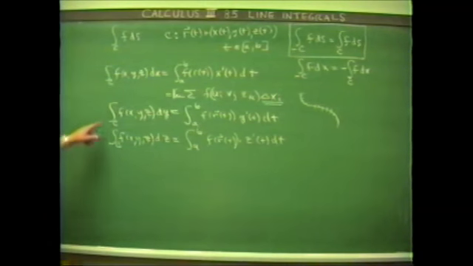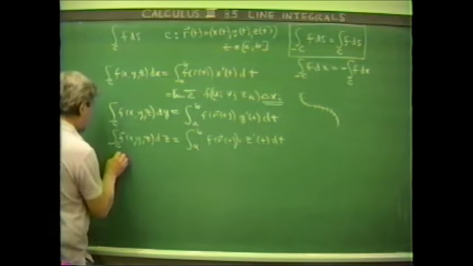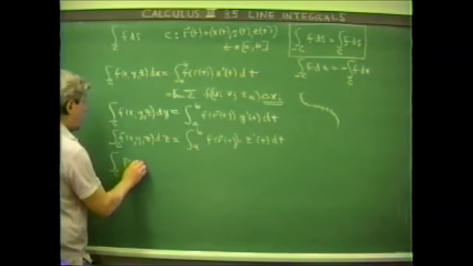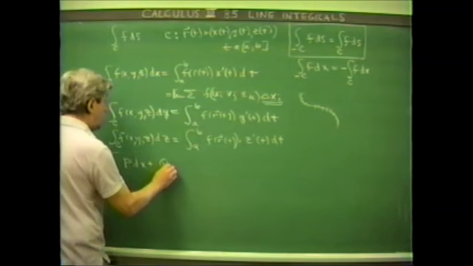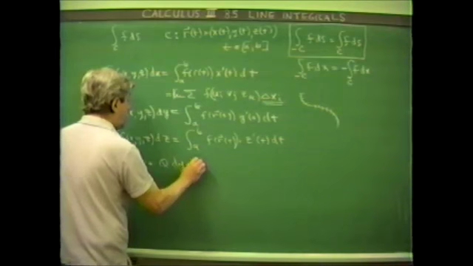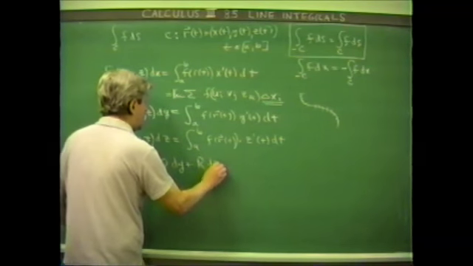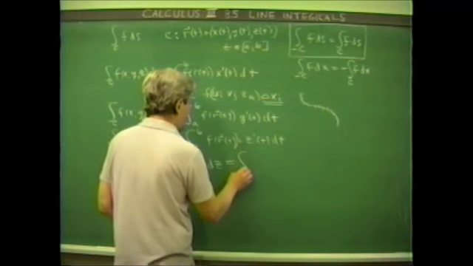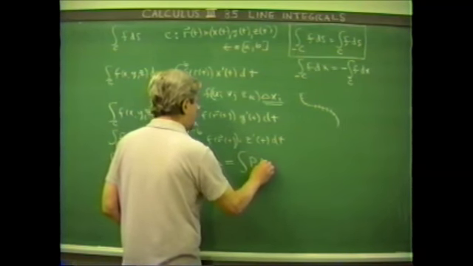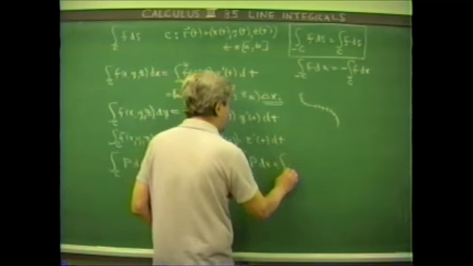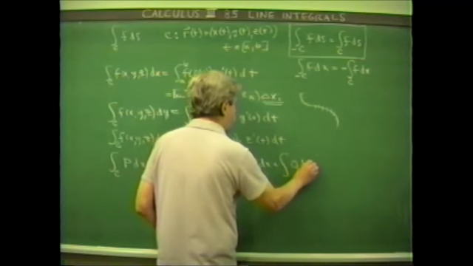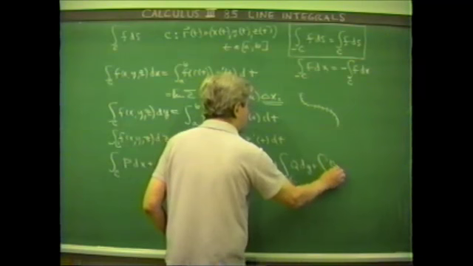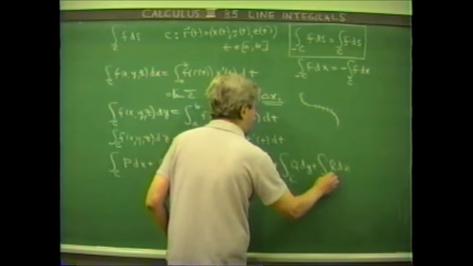And we're going to combine these, for that matter. That's to say, we'll talk about the integral along c of p dx plus q dy plus r dz. By this we will mean the integral of p with respect to x around c, plus the integral of q with respect to y around c, plus the integral of r with respect to z around c.